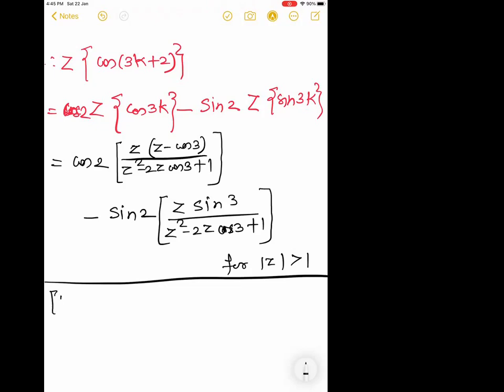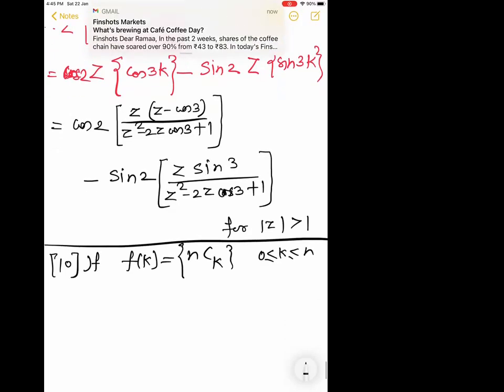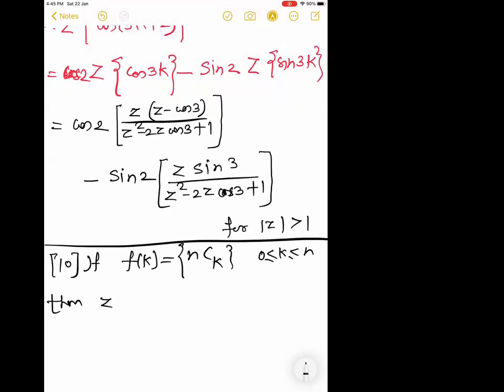So the next result you can put here. If f of k is equal to NCK, this is a sequence for 0 less than or equal to k less than or equal to n, then the Z transform of this sequence f of k is nothing but the summation of NCK Z raised to minus k, k from 0 to n.